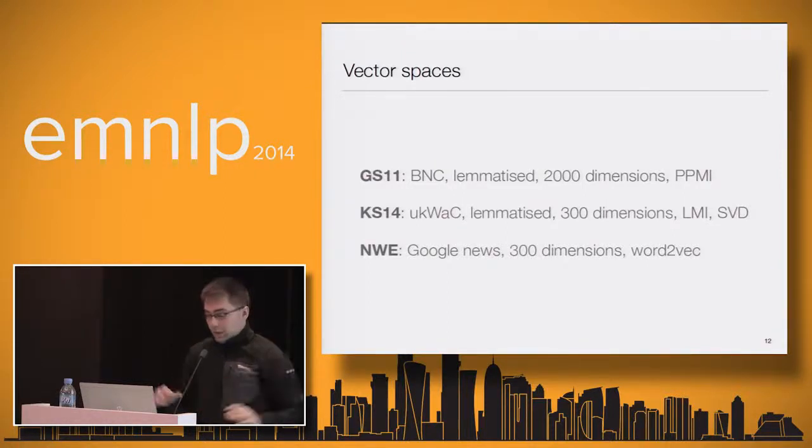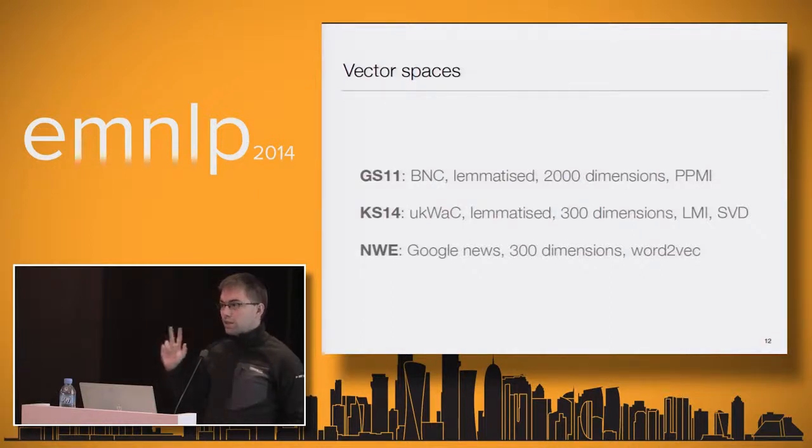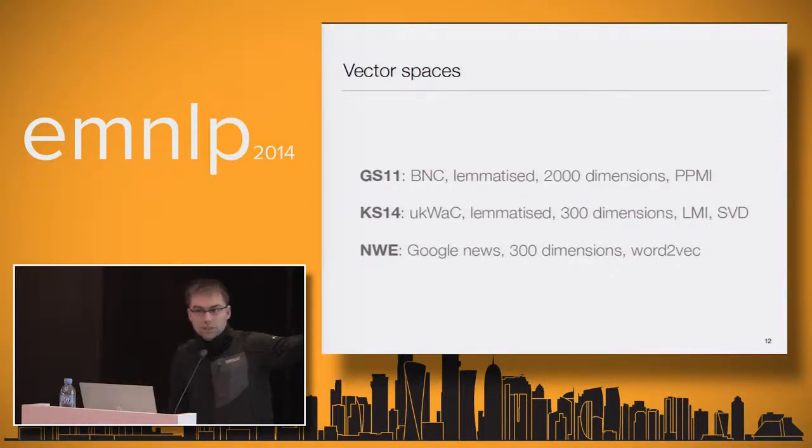For the experiments we chose three vector spaces. Two of them are traditional co-occurrence based. So GS, which is based on BNC, a very small corpus. We lemmatized it, we chose 2,000 dimensions, and we applied PPMI. This method was heavily used in the literature and was quite popular.